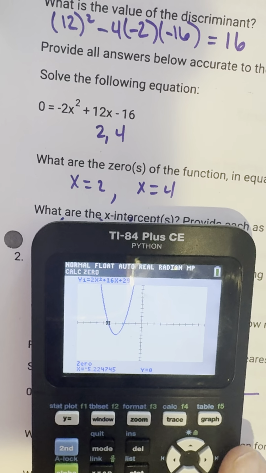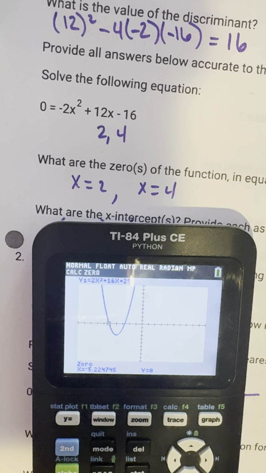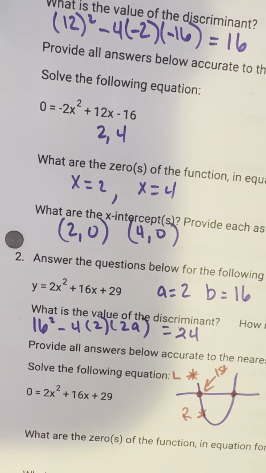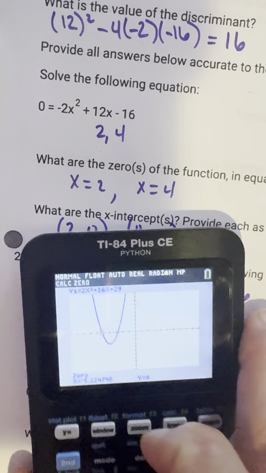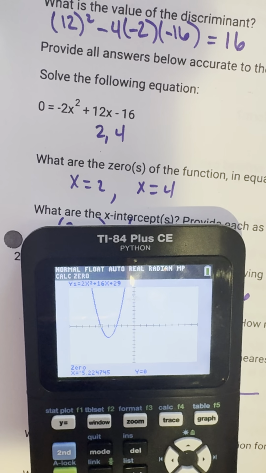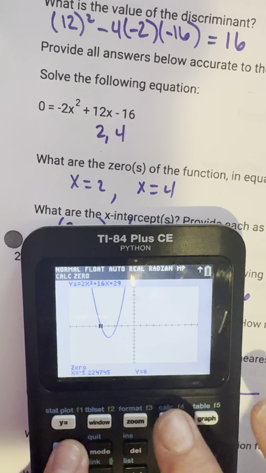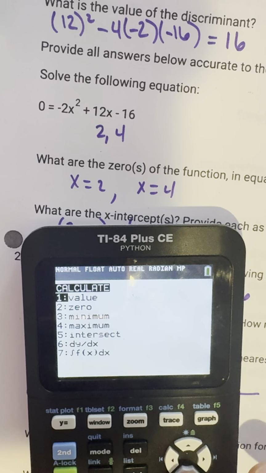And we are at negative 5.22, and that's to the nearest hundredth, so that's 2 decimal places. Are you done? No, we gotta find the other side. So again, second calculate, 0.